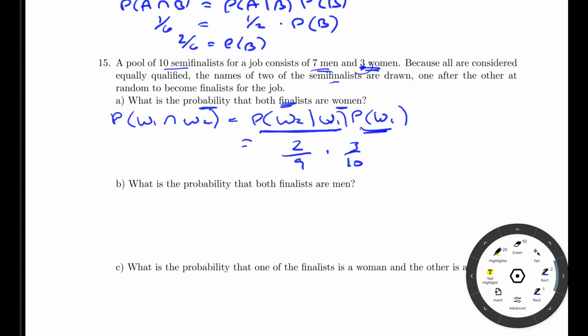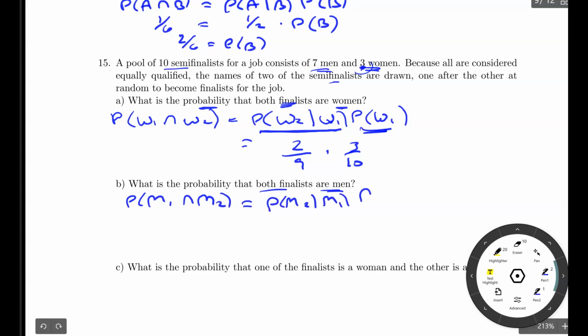All right, what's the probability that both are men? So probability of man 1 and man 2. So same thing, probability of man 2, given that the first one's a man. Okay, so probability the first one's a man. So there's 7 out of the 10. And then probability that the second one is a man, given that the first one's a man.